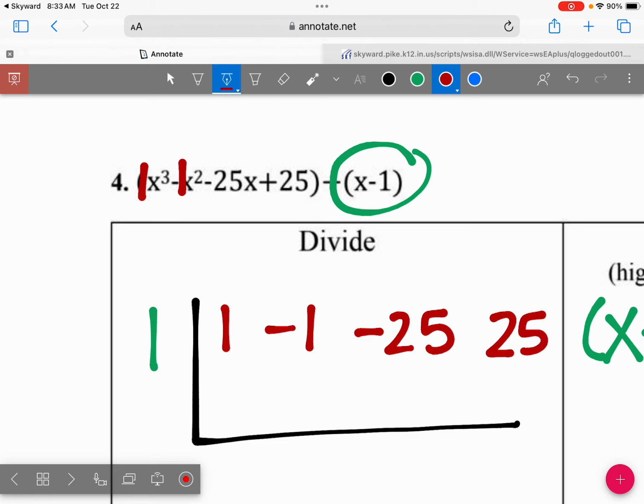Bring down that first number. Multiply and add, multiply and add, multiply and add.